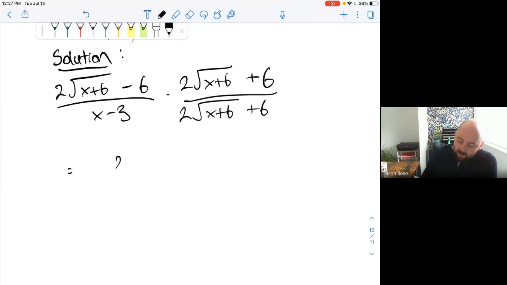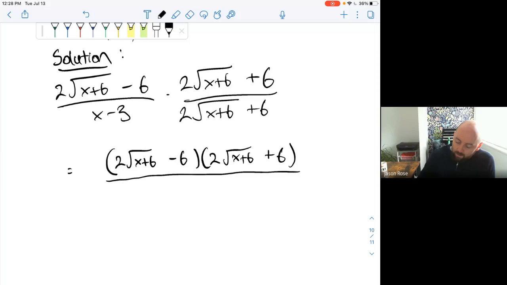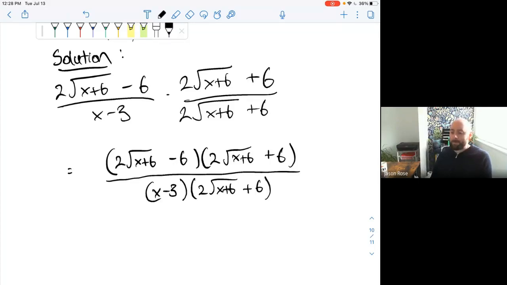So when we multiply these together, we have 2 root x plus 6 minus 6, times 2 root x plus 6 plus 6 on top. And x minus 3 times 2 root x plus 6 plus 6.